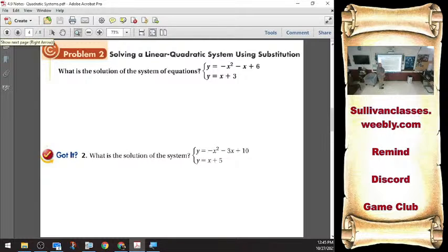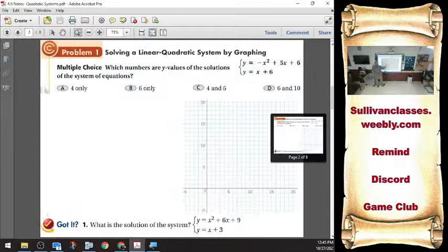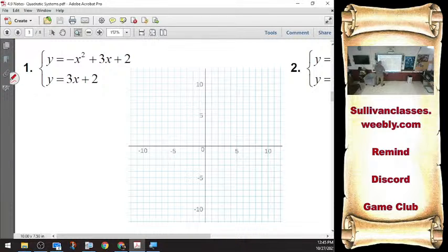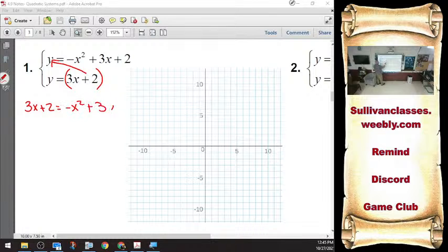Quadratic systems by substitution. So this is what I did. This one. If y is this stuff, I jammed y with that stuff. 3x plus 2 is negative x squared plus 3x plus 2.